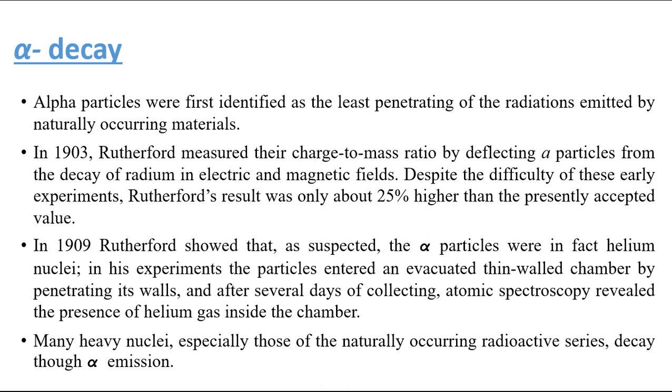It means they were actually alpha particles, which are the nuclei of the helium atom. Many heavy nuclei, especially those of naturally occurring radioactive series, usually decay through alpha emission.